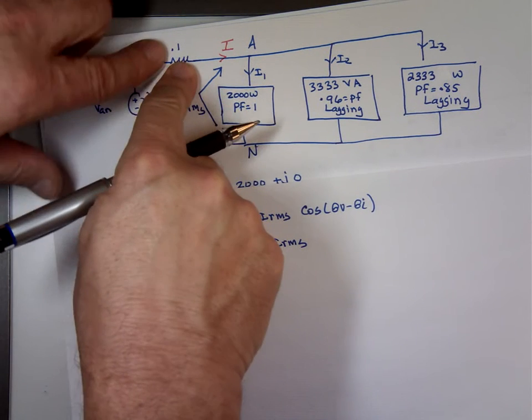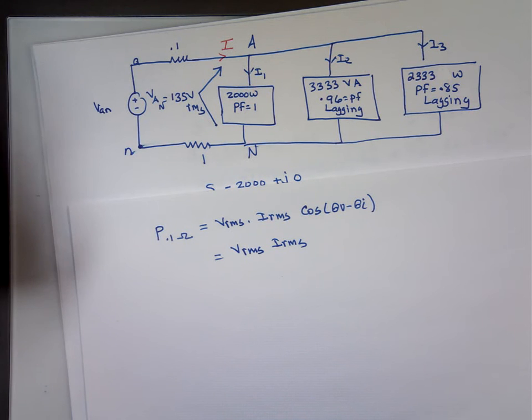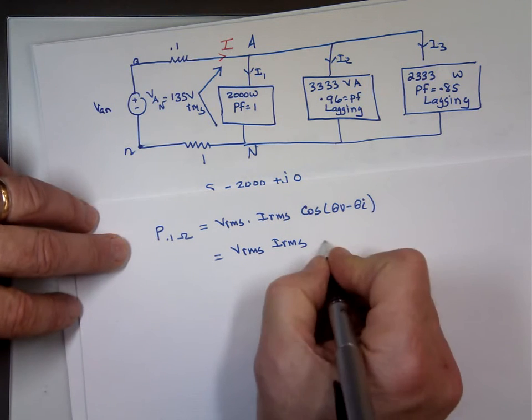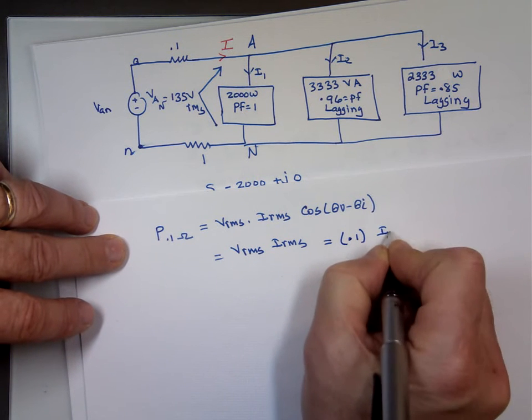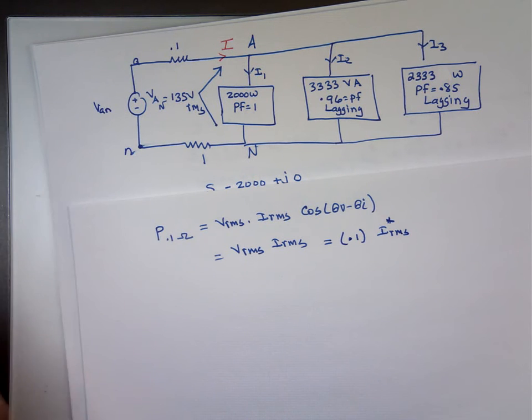Well, I don't know what that is, but I know the current. Ohm's law says what? V equals I times R. So that's going to be 0.1 times IRMS. Oh, I don't know why I put an asterisk, not conjugate, I meant to say square.